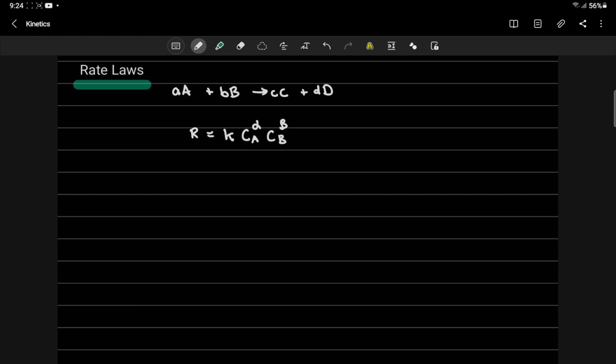So what is alpha and beta? Alpha and beta, these are what we call orders of the reaction in A and in B respectively.